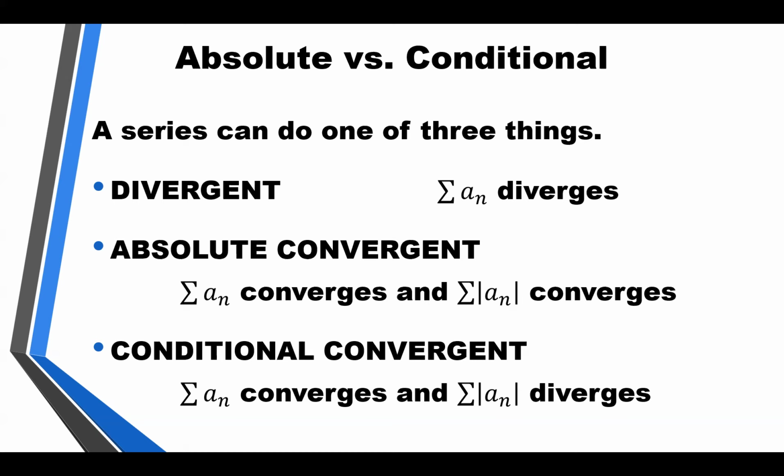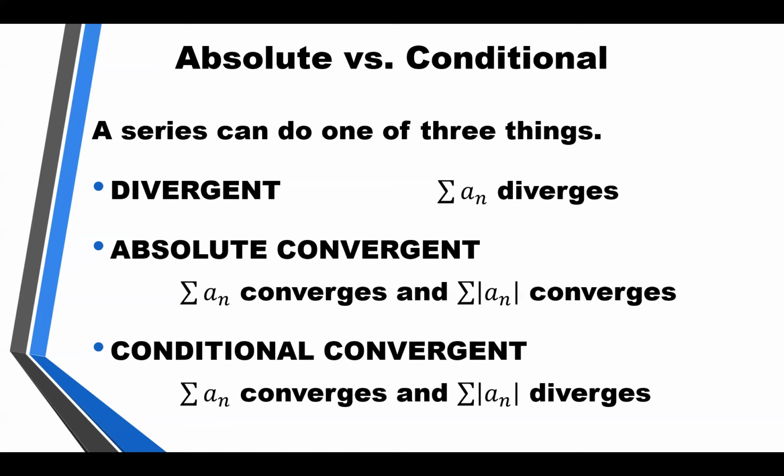So first off, a series can do one of three things if it's alternating. It can diverge, so the series just diverges, and that's as with any series. It can be absolutely convergent, which means that the series converges, and also if I take the absolute value of the terms of the series and create a new series with that, that also converges.